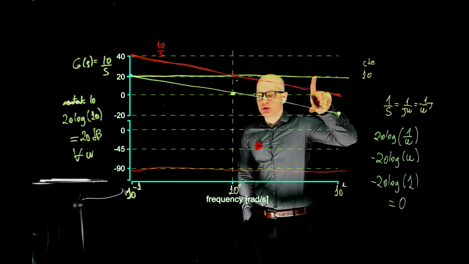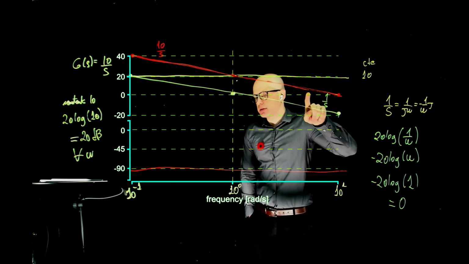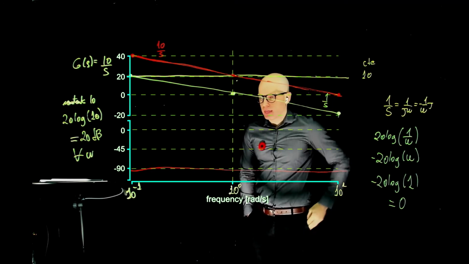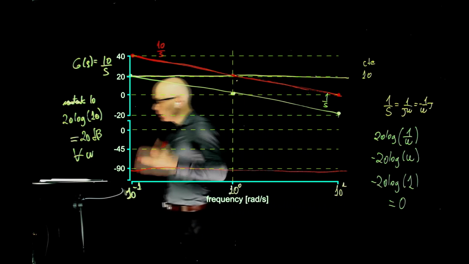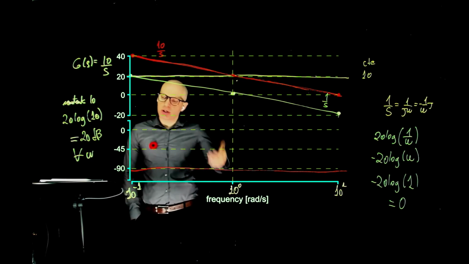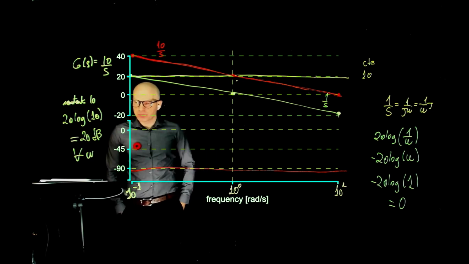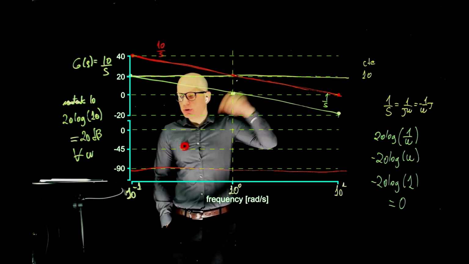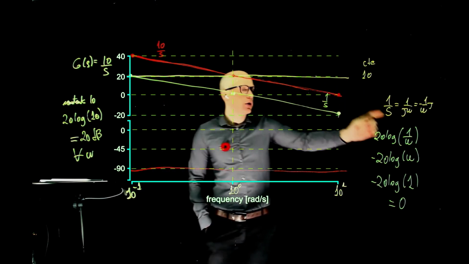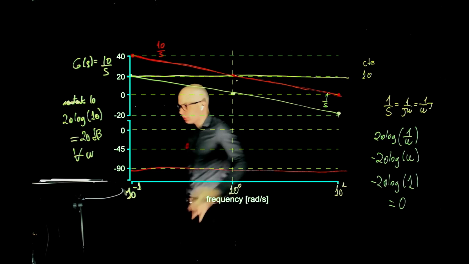By just adding these two in a log scale, that is the same as multiplying them in a non-log scale. Oh, okay, thank you. I remember that log of AB equals log A plus log B. So here I added these two, I did log A plus log B, which is the same as multiplying 10 and 1 over s in a non-log scale.